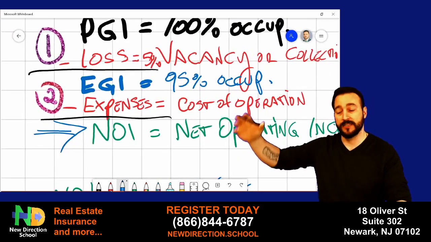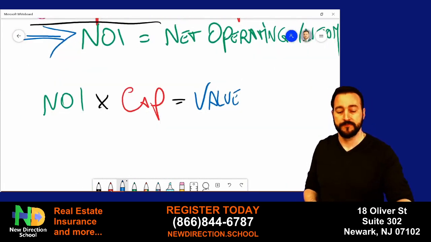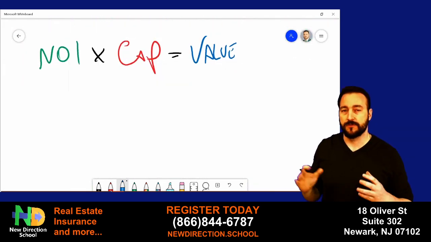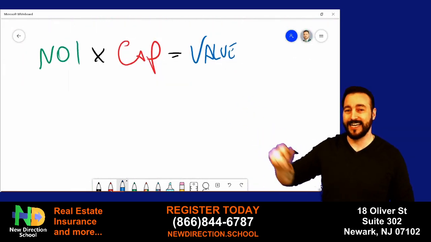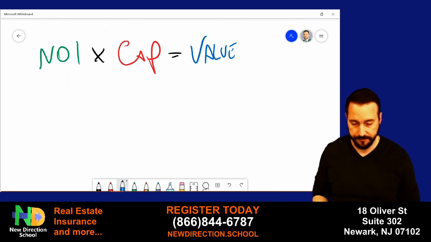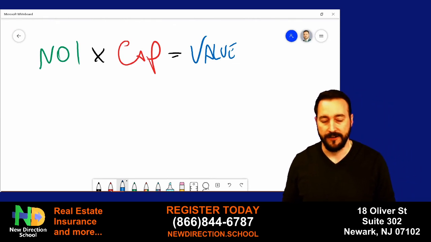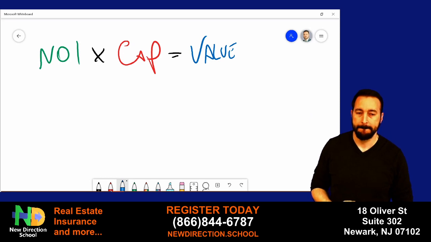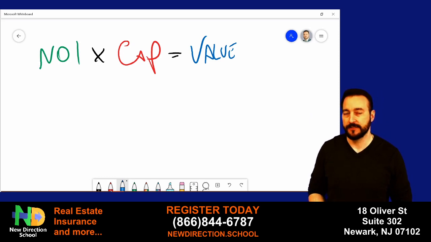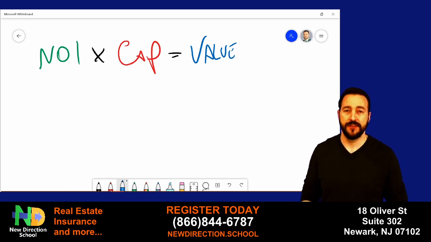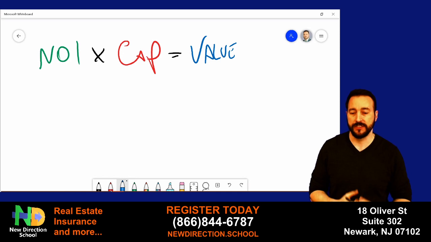Sometimes they do, and that's why I put it out here so you know. So the relationship is between the NOI and the cap gives you the value. If you have the cap and the value, or if you have the value and the NOI, then you can still calculate things.